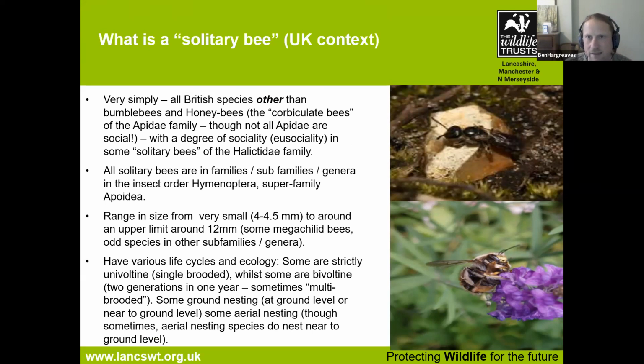Very small, like the small Lasioglossum bee in the top right, which is 4.5 millimetres, to more or less an upper limit around 12 millimetres, like the Anthophora in the bottom right corner. And a wide range of life cycles and ecology. Some are single brooded, univoltine, some have two generations a year, some probably even more than that in a year with very good weather. Some are ground nesting and some are aerial nesting.